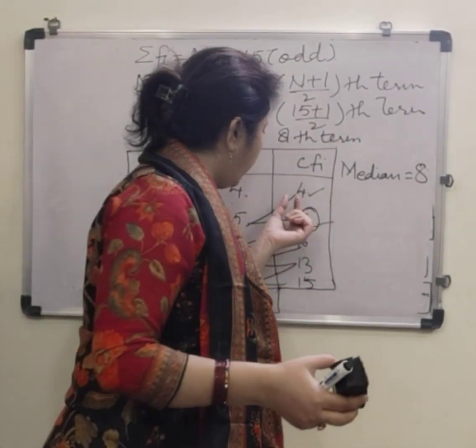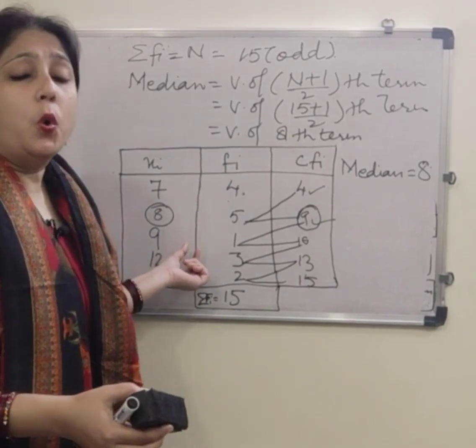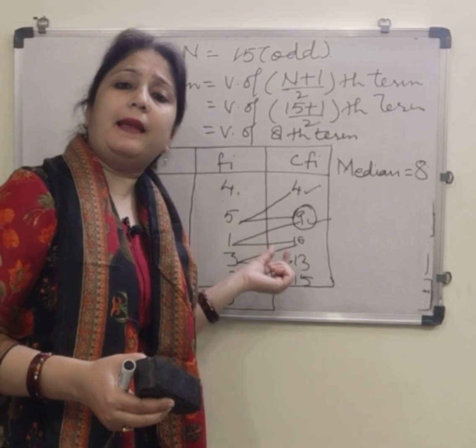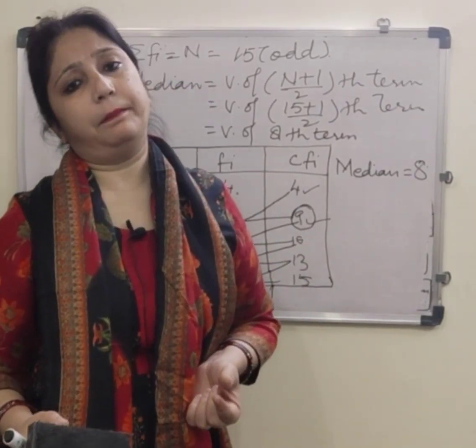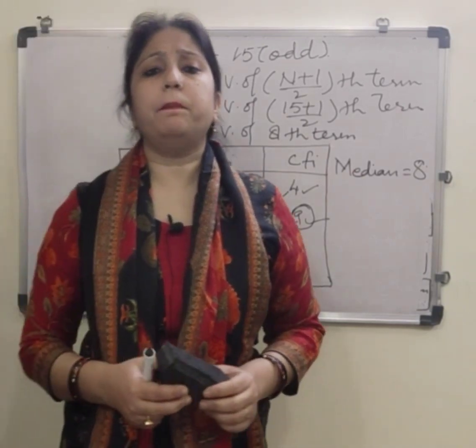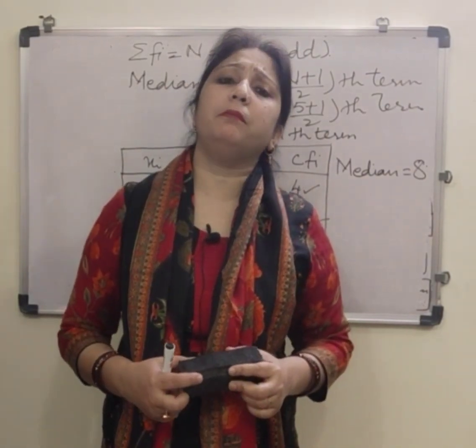Whatever comes, you will search from the cumulative frequency and then go to the value of observation, that is xi. From there you have to pick it up. Is that clear? I hope I am able to make you clear with the concept of median.